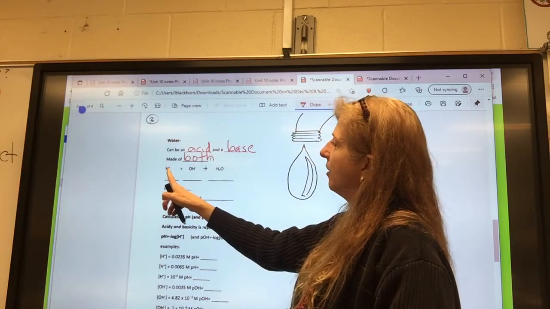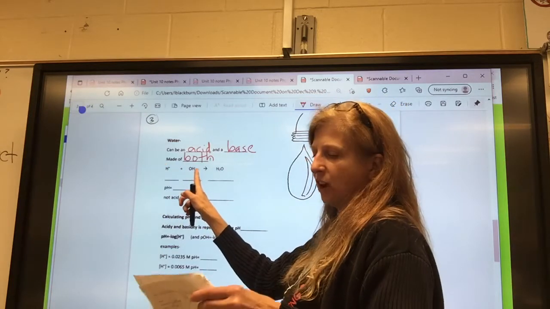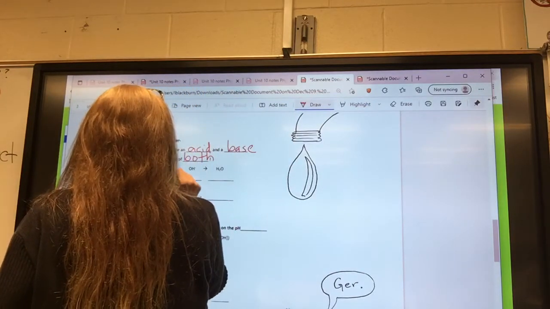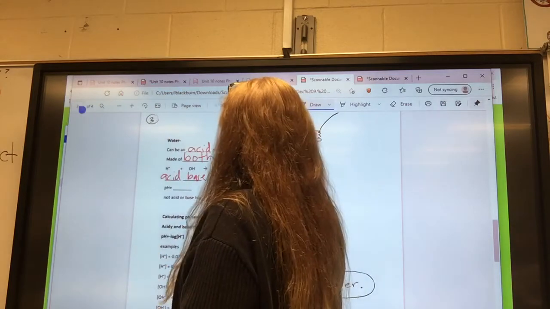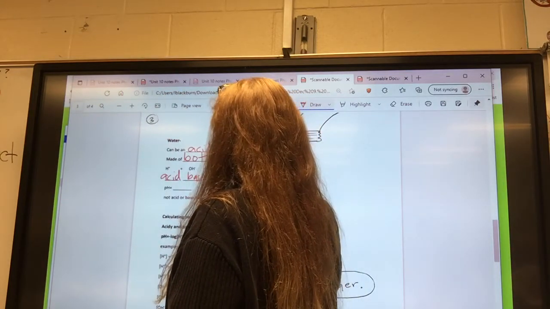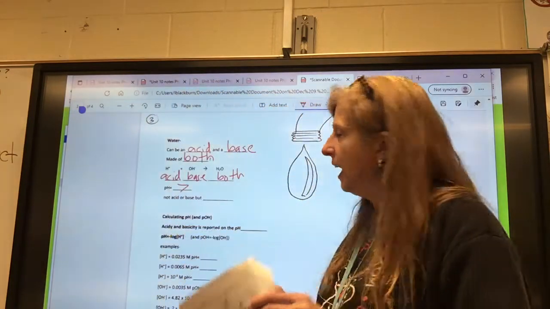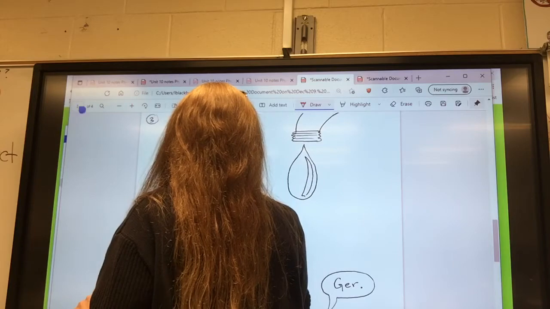It's made out of the hydrogen proton and the hydroxide. It's both. So the pH of water is 7, and it is not acidic or basic, it is neutral.